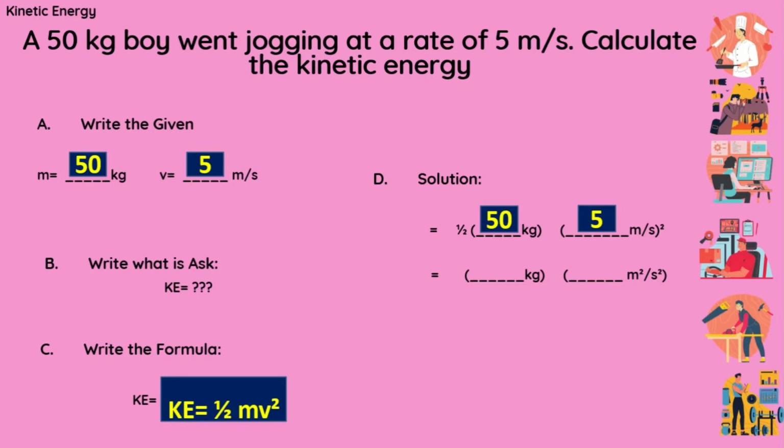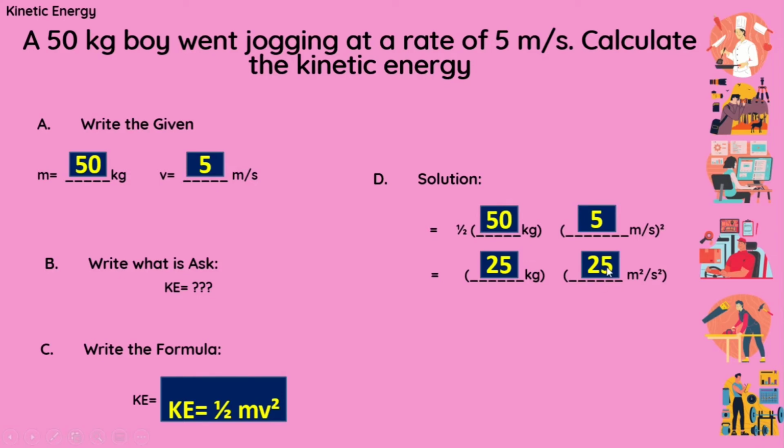So all you have to do is multiply 5 by 5 because it is squared. 5 squared is equal to 25, while 1/2 of 50 is 25.